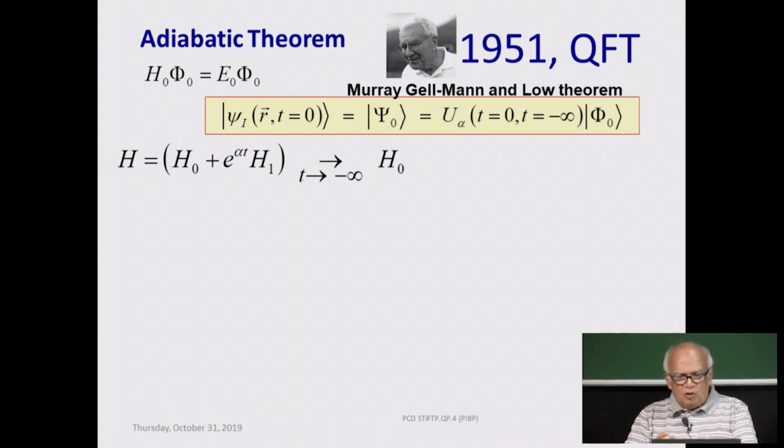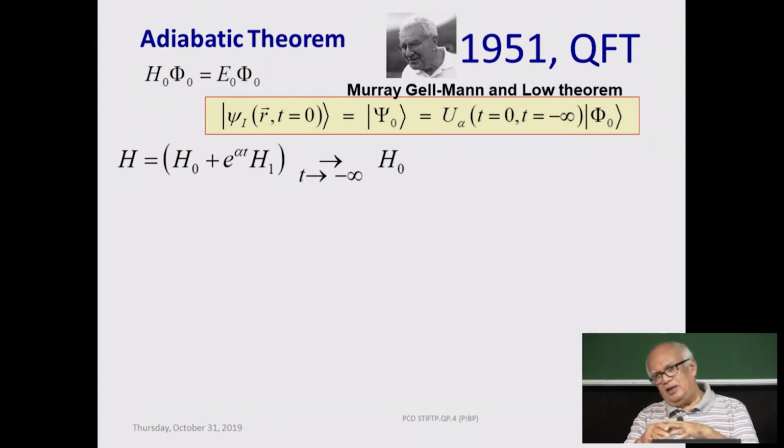The residual part is H1 and you insert it through a parameter alpha, and notice that the way you have constructed this is such that as time t goes to minus infinity, that term drops out.